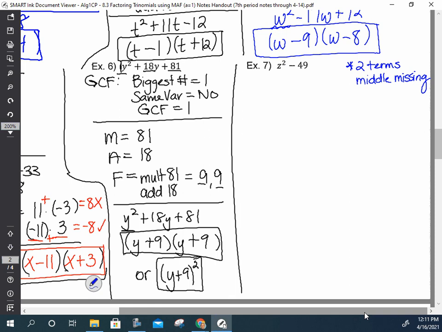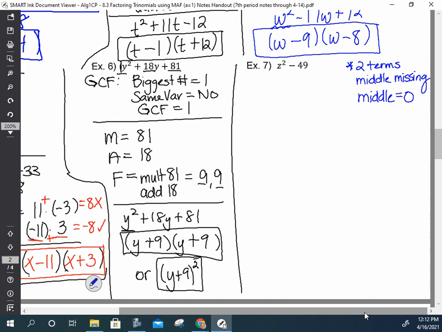So when the middle is missing, that means it is equal to 0. It's not there. So that's an important thing to know when we're doing MAF. If the middle's not there, then it's equal to 0.